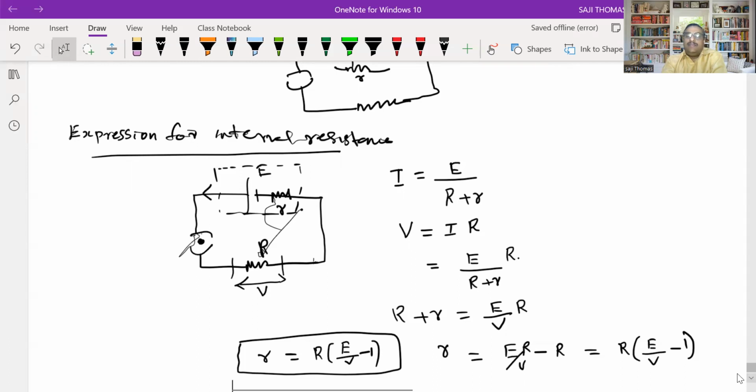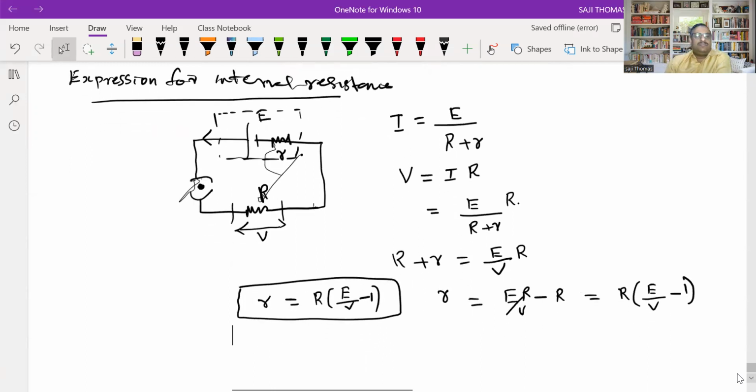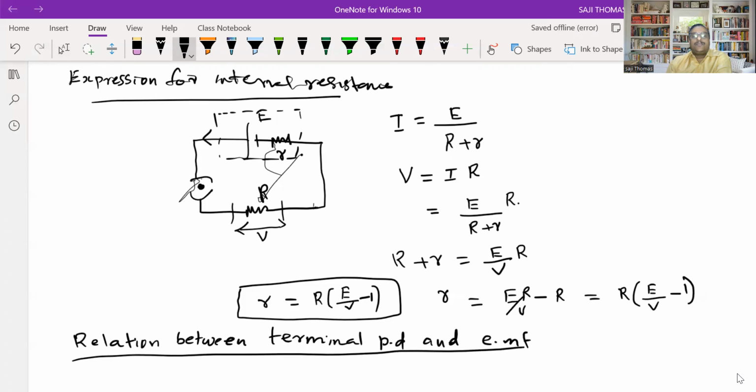Now we will write the relation between terminal potential difference and EMF. Terminal PD V, EMF E. Consider the above circuit, or the equation I equals E divided by capital R plus small r.